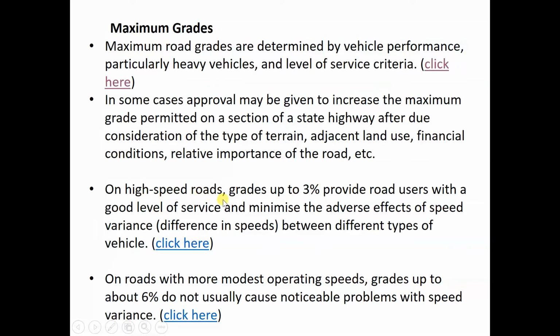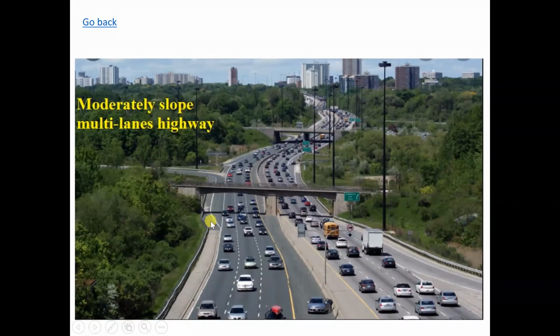On high-speed roads, grades up to 3% provide road users with a good level of service and minimize the adverse effect of speed variance, the different speeds between different types of vehicle. So for high-speed roads, usually we don't have a very steep grade.